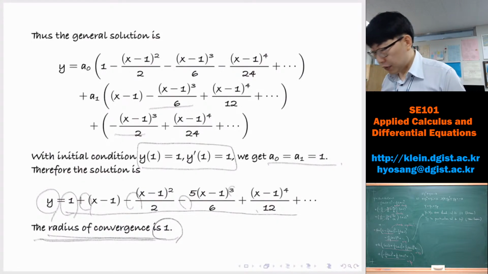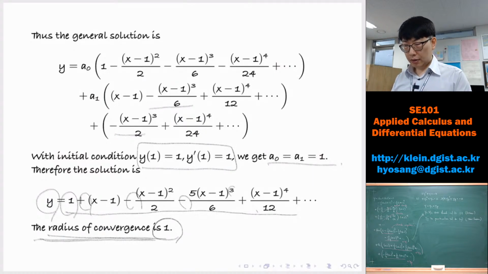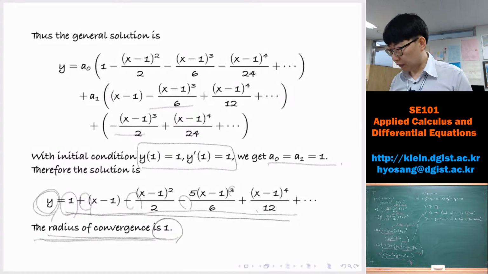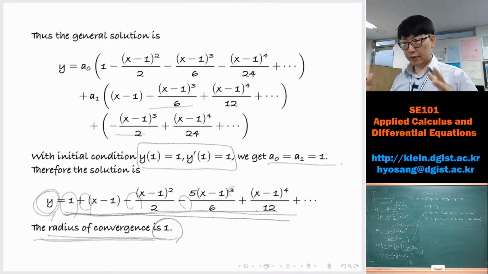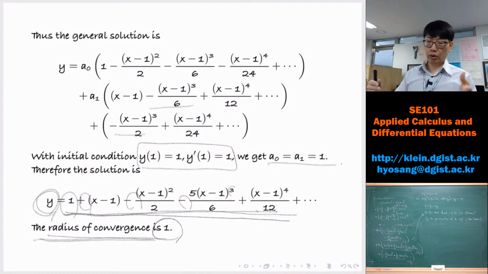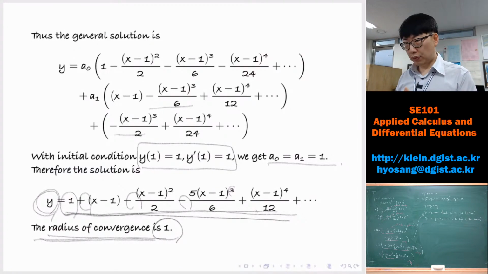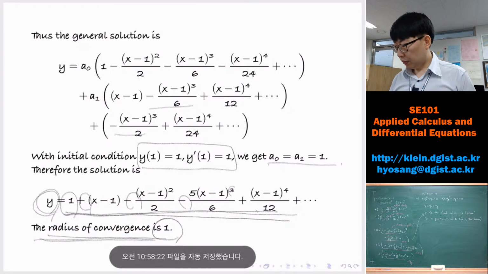And that means that if you want to approximate your solution with the first few terms of this power series, it only works until your x is between 0 and 2, because the radius of convergence is 1 and you're centered at 1. Also, it's going to diverge or behave in a weird way if your x approaches 0, because 0 is the point where your coefficient function 1 over x diverges.